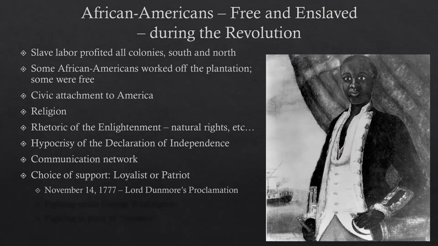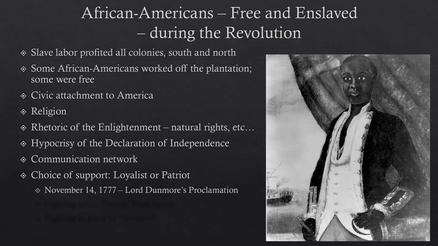So he was specific to just patriots, people on the side of American independence. Those plantation owners' slaves were invited to run away and join up with Lord Dunmore to fight for the British side of the war.